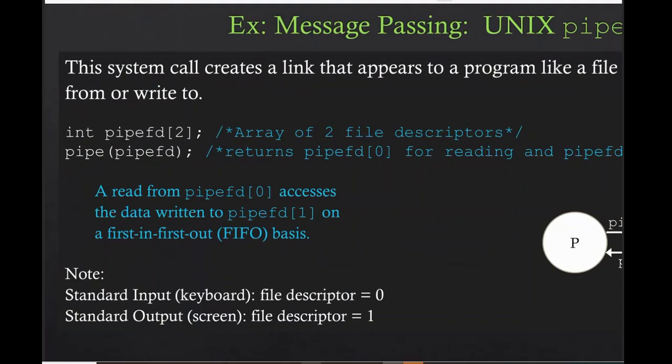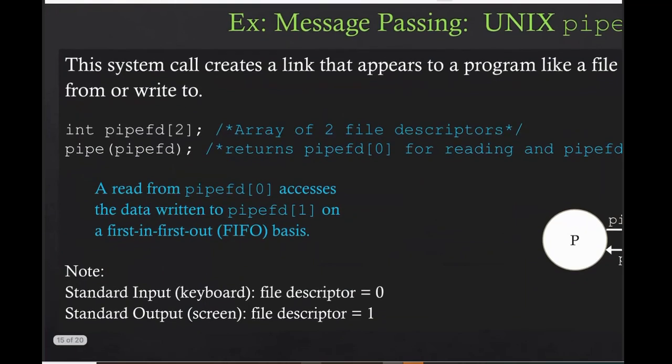The first thing that we are doing is initializing pipe fd as an array of two file descriptors, both of integer data type. Pipe fd is my two file descriptors. I'm just initializing it. Then I have the Unix system call called pipe, and I'm passing pipe fd as my argument to the system call.